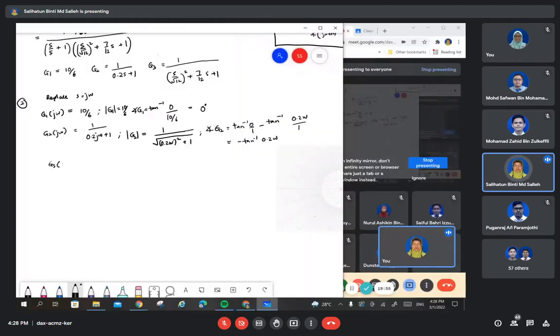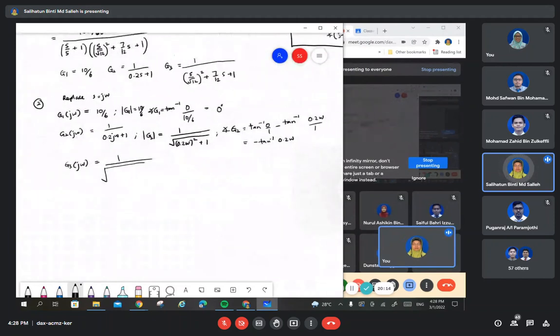Now we write for G3. G3 is square root of, if we replace, we replace it first, so it's j omega. Replace s equals j omega first.